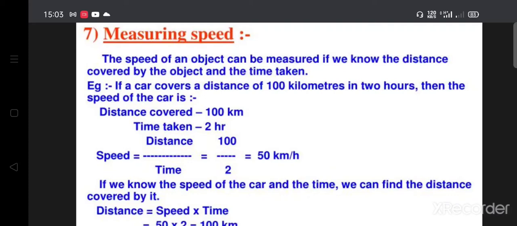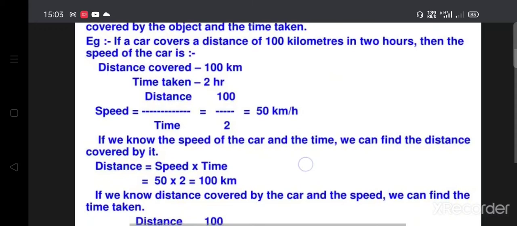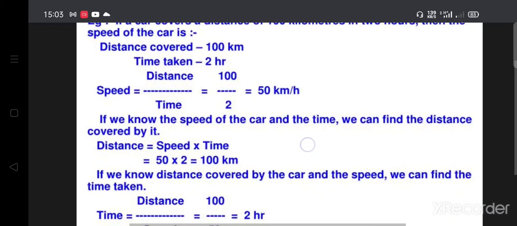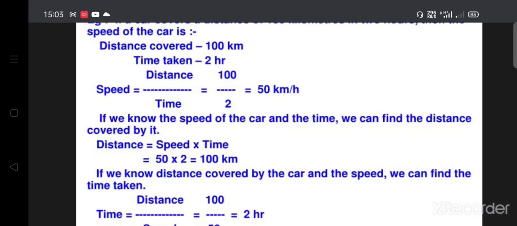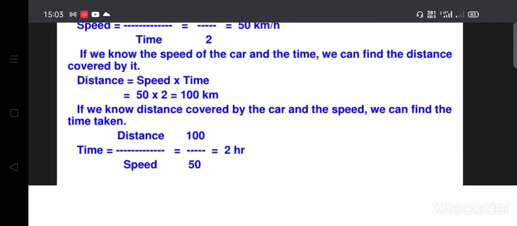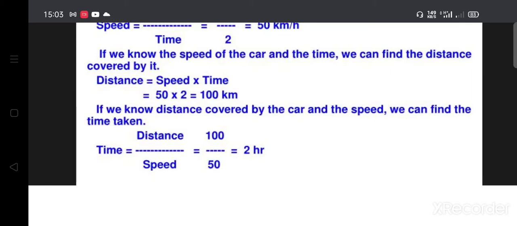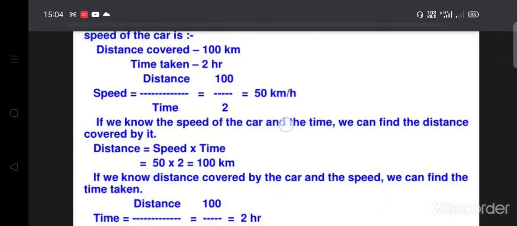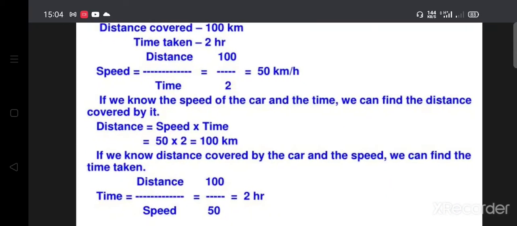But suppose if you know the speed of the car and the time, we can find out the distance covered by it by the second formula. Distance is equal to speed into time. And if we know the distance covered, we can find the time taken also. In this way, you can calculate either speed, distance or time by using only this particular formula. Speed is equal to distance upon time.